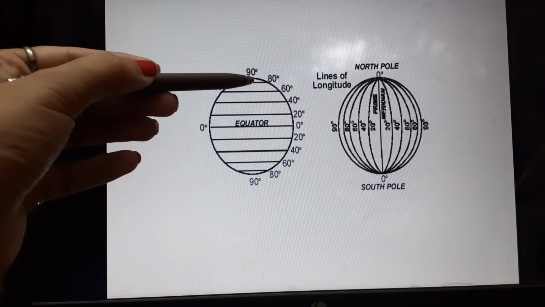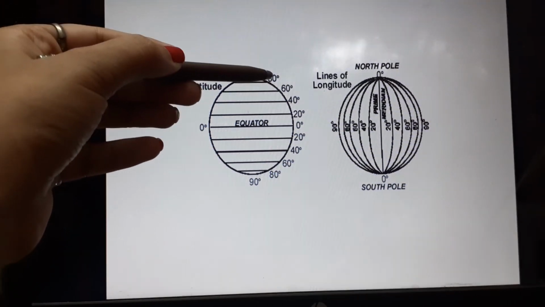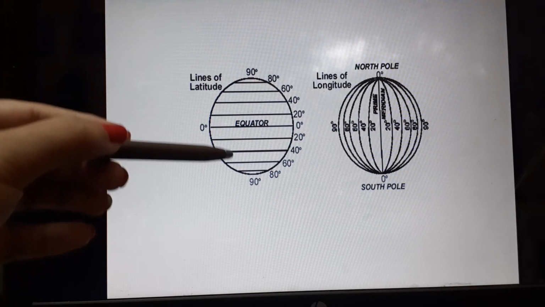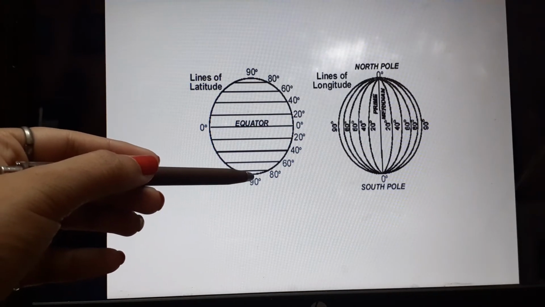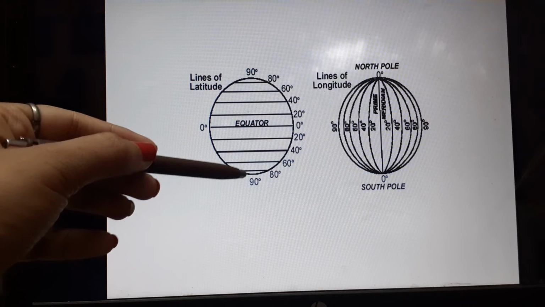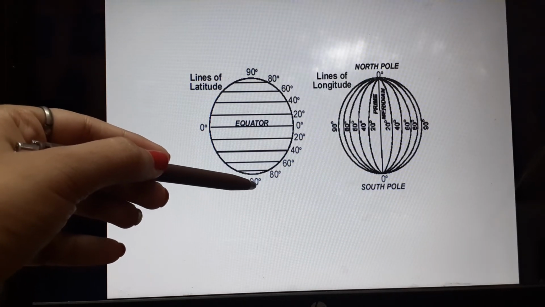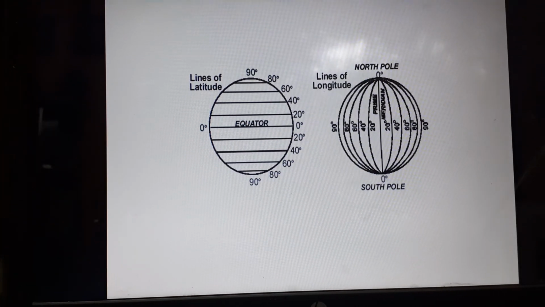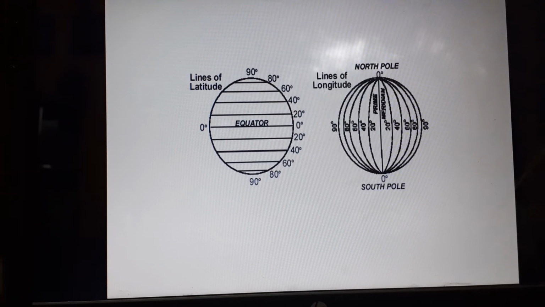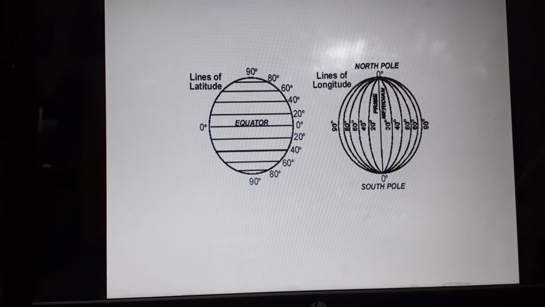At the north pole it is 90 degrees north, and at the south pole it is 90 degrees south, and the equator is at 0 degree. So, what is the number of latitudes? The total number of latitudes is 181.